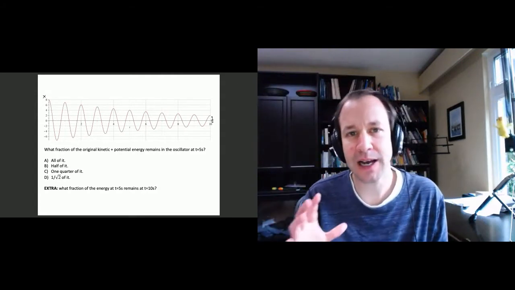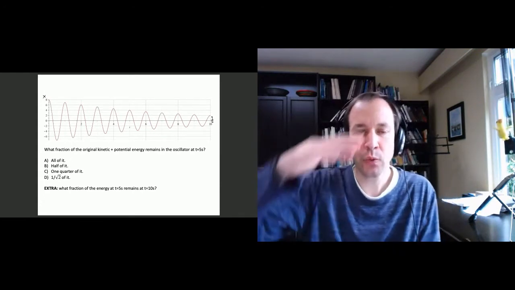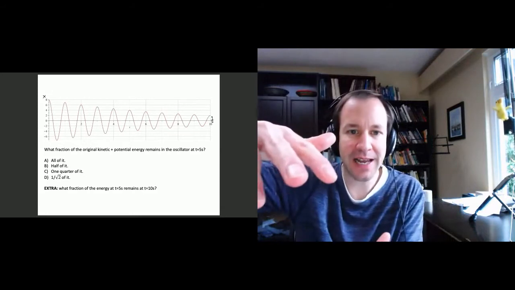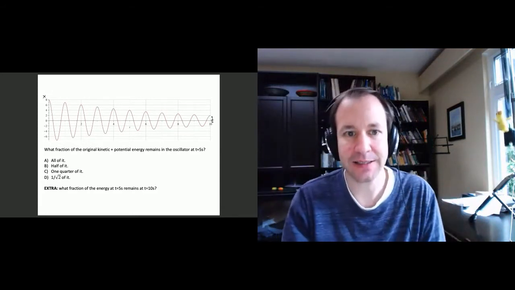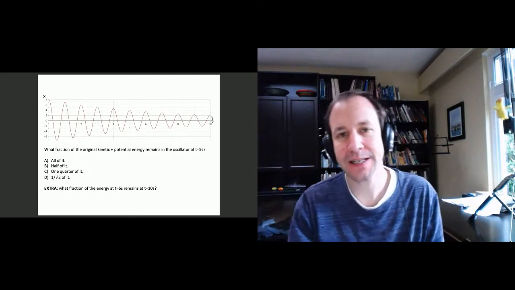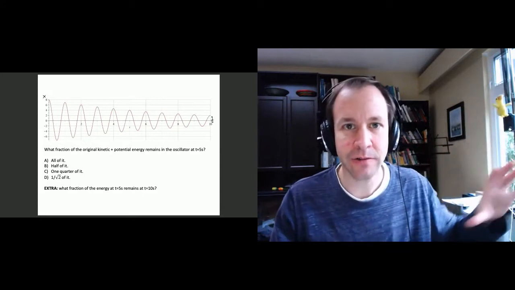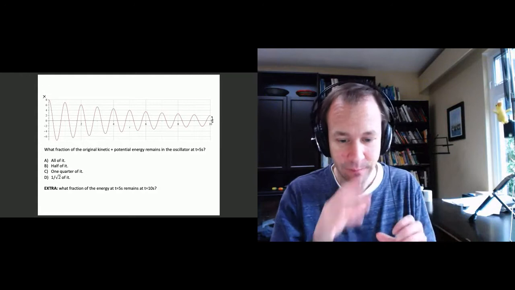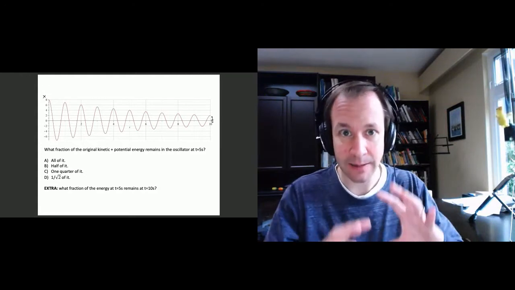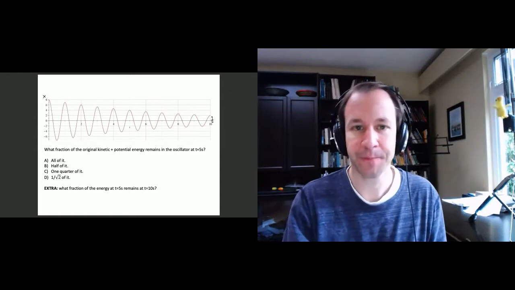Okay, so this is a special kind of decay where we lose a certain fraction of our energy every time that a certain amount of time passes. That isn't necessarily true for every oscillator, but it is true in a variety of examples, and it's a particularly nice system to understand mathematically.